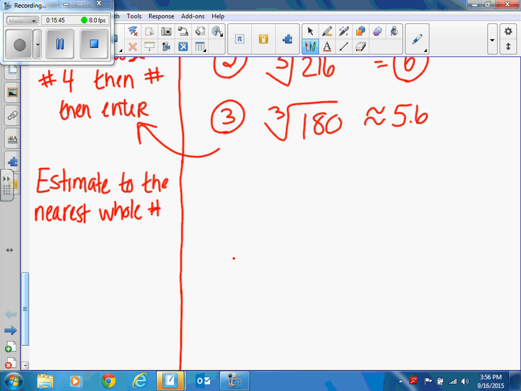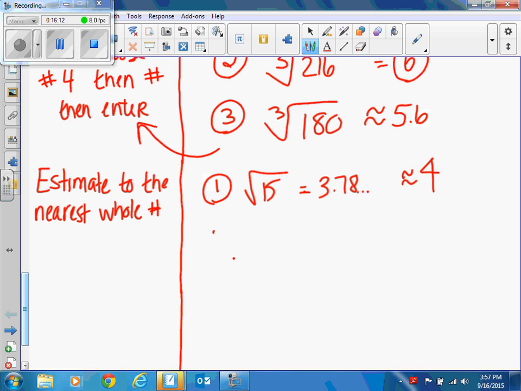So, for example, if we have the square root of 15, and that comes out to be 3.78 and so on, we need to be able to estimate to the nearest whole. We know how to round. We've been rounding numbers for years. So since it's 3.78, we are going to round that to 4. So when we round to the nearest whole number, that's approximately 4.